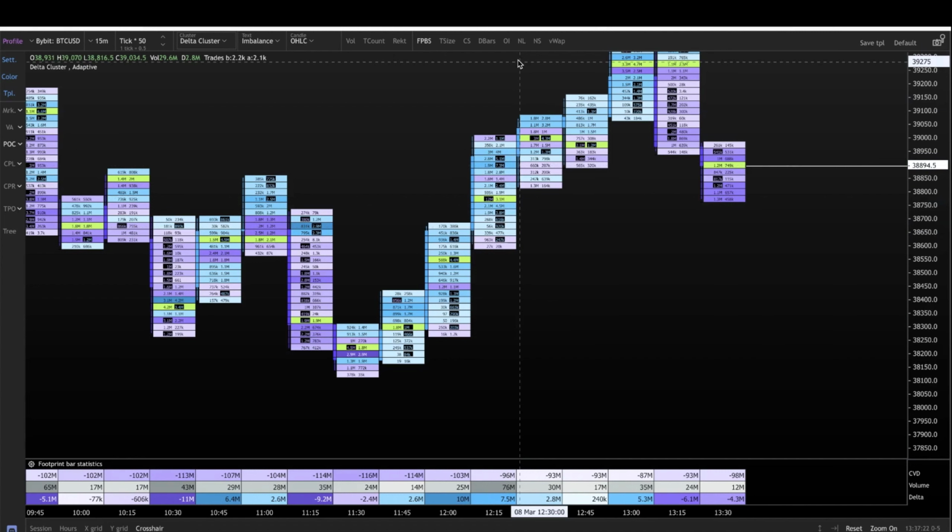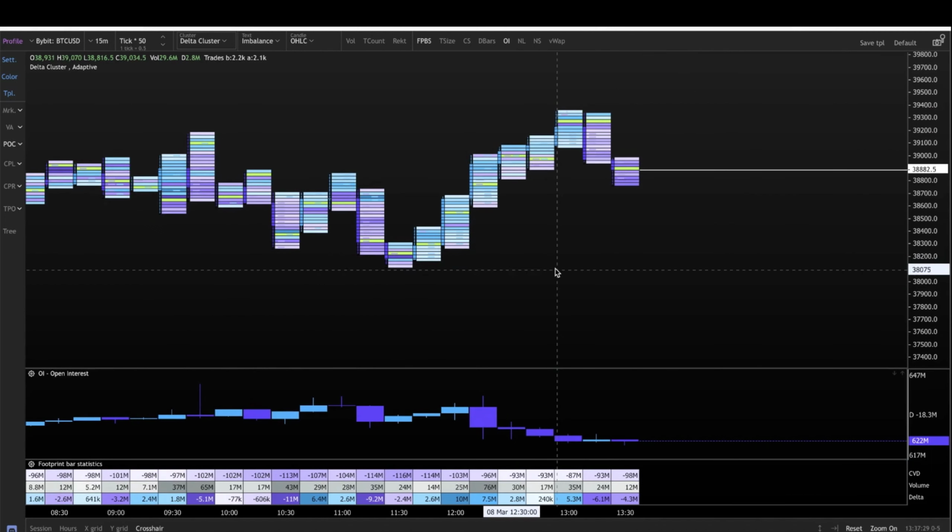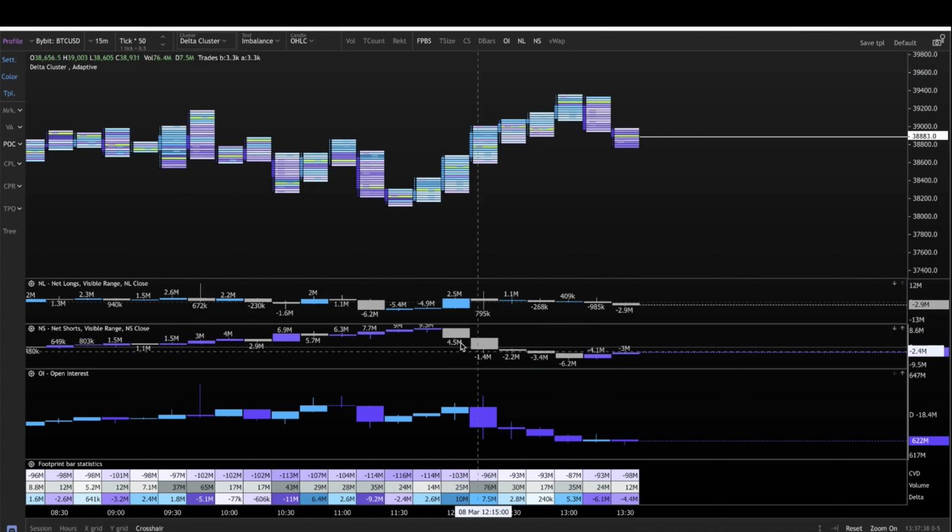Something else I want to just go over quickly is open interest. Right up here, if you click OI, open interest is basically showing you how many contracts are actually being opened and closed at a time. And then we have net longs and net shorts. This is basically showing you of the open interest, how many of those trades are longs and how many are shorts.